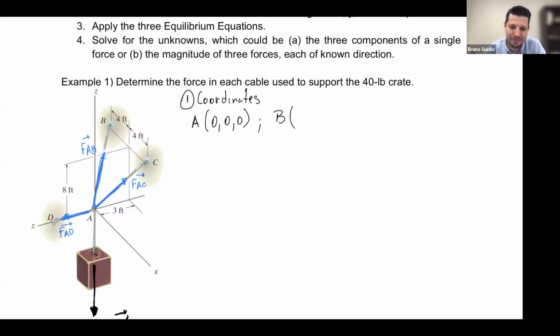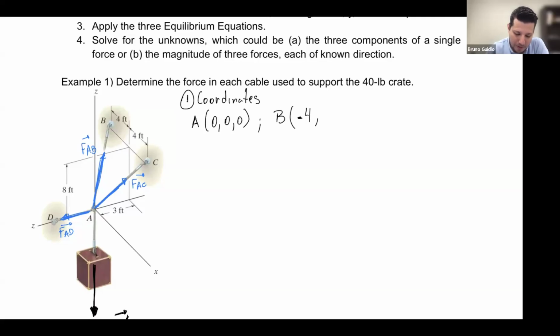Point B. Starting to visualize: you see this is going in that direction, meaning that B is on the left side of X, so this is going to be negative 4.